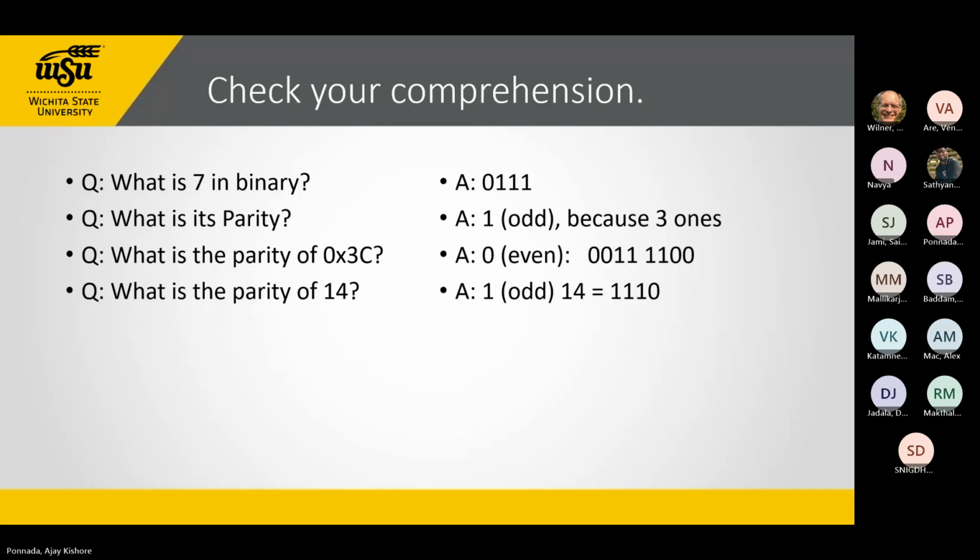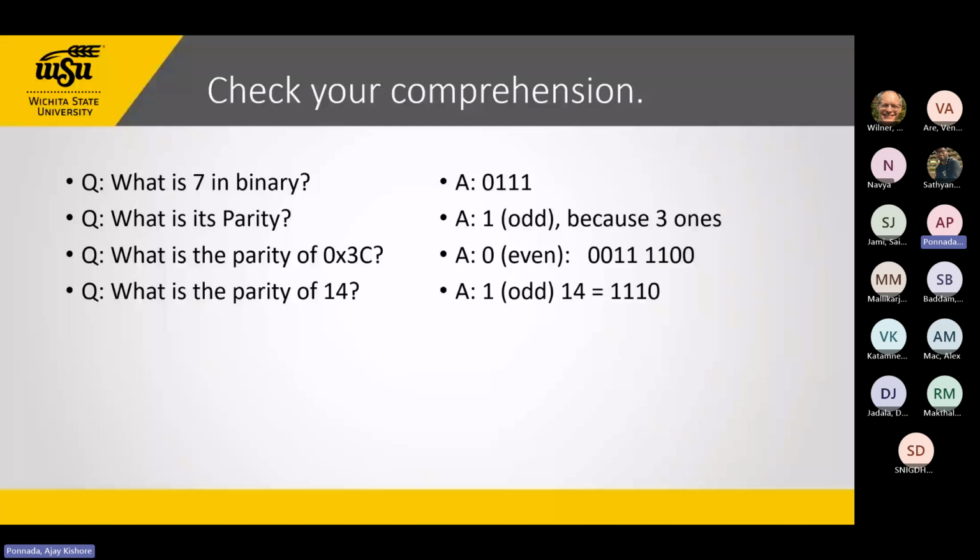Yep, perfect. 3 is an odd number in decimal with even parity. Okay, thank you. Let's move on.